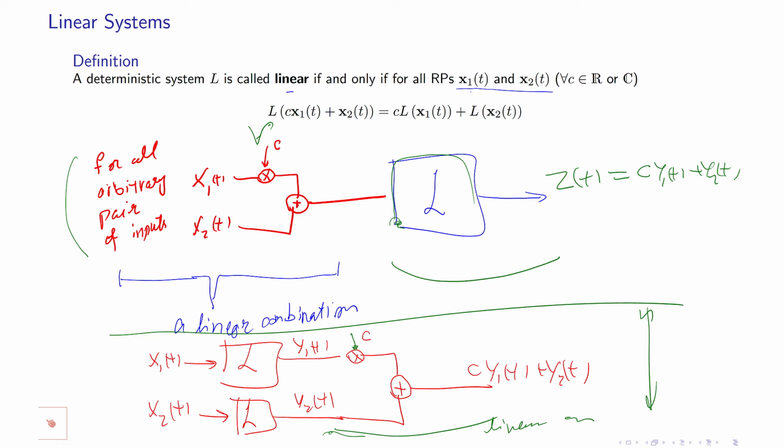So linearity is a property which needs to be applicable for all arbitrary pairs of inputs and all constant numbers. If you have this property, lots of other properties are inherited.